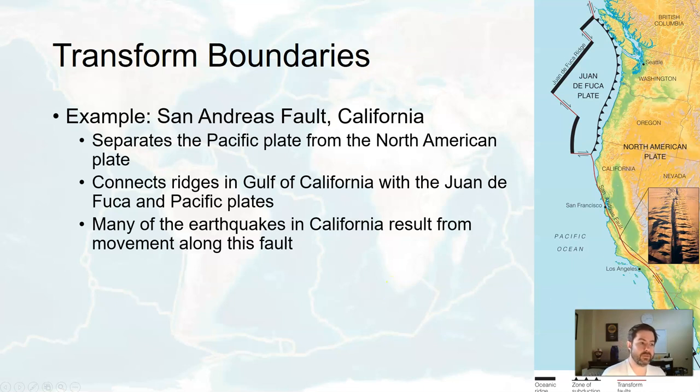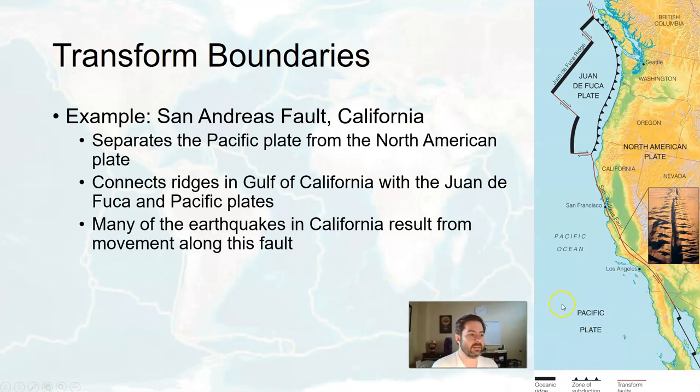One interesting thing to note: the Pacific plate is moving kind of up and to the left. This little arrow indicates the direction the Pacific plate is moving, up and to the left, so northwest. The North American plate, relative to the Pacific plate, is moving down to the right, so to the southeast. Los Angeles is on the Pacific plate. San Francisco is actually on the North American plate.